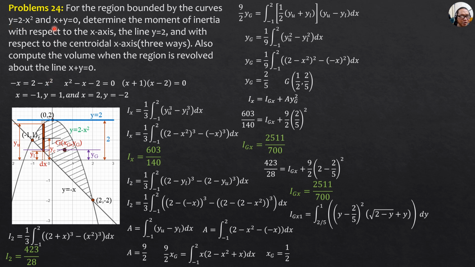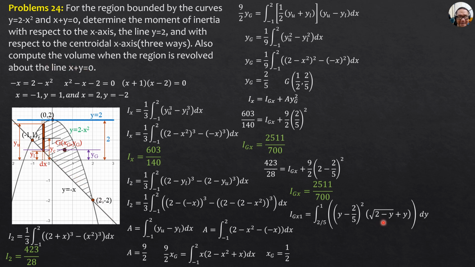Then right x is from here, x squared equals 2 minus y. Therefore, right x is the square root of 2 minus y. It is supposedly plus minus square root of 2 minus y, but the sign is indeed positive because it is above the x-axis for that region. So that's why positive square root of 2 minus y. And the left x is the x of this line. And the x of this line is negative y.